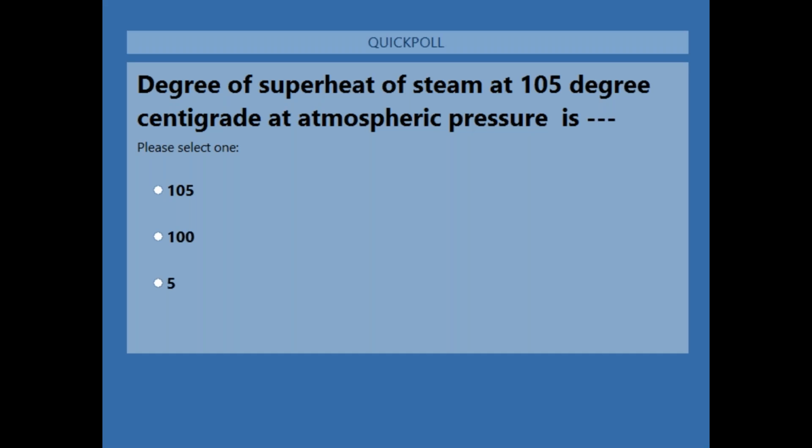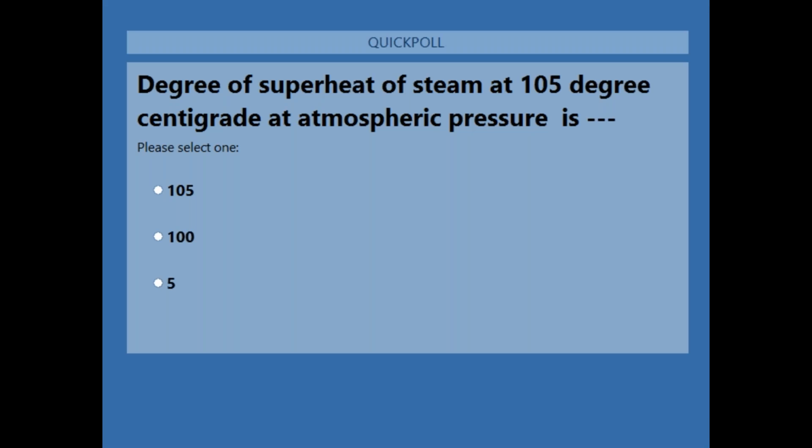For example, water at atmospheric pressure has a saturation temperature of 100 degrees centigrade. If you heat that water, let us say from 25 degrees centigrade, its temperature would continue rising up to 100 degrees centigrade.